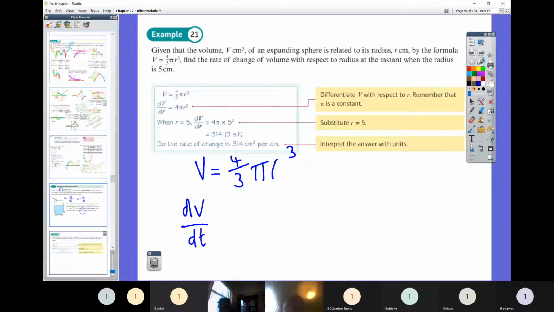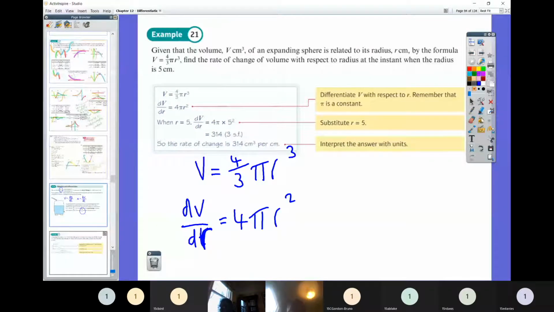So multiplied by the current power, 3 fours are 12, 12 divided by 3 is 4. Pi is just a constant, so that stays where it is, and reduce the power by 1, we get 4 pi r squared. Sorry, I said with respect to time. That was obviously a mistake. We're differentiating the volume with respect to the radius. Excuse me. Okay, the radius was our variable. So we've got 4 pi r squared.